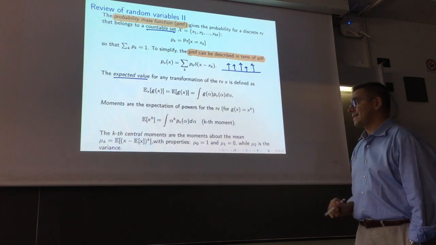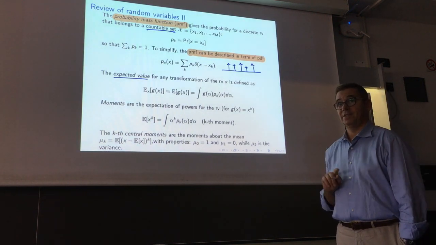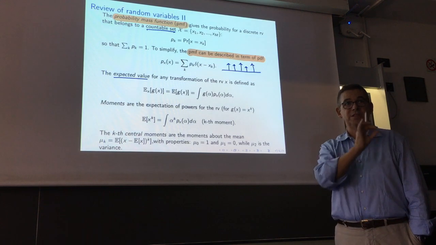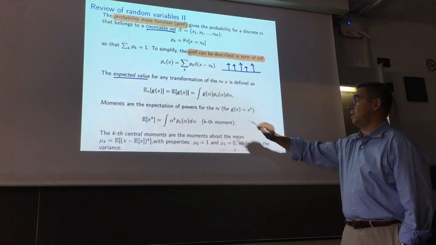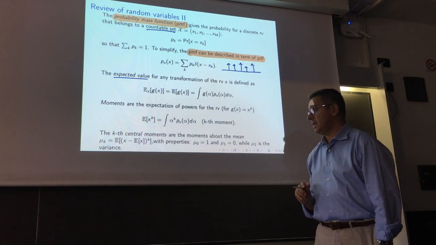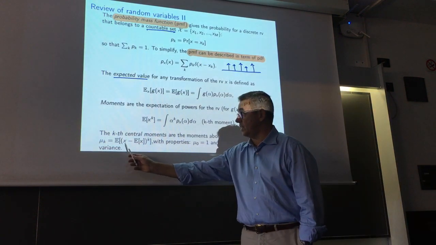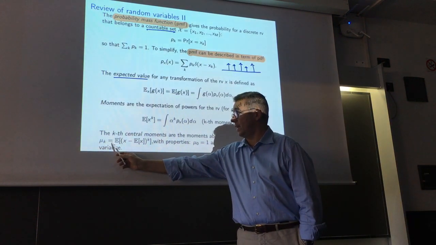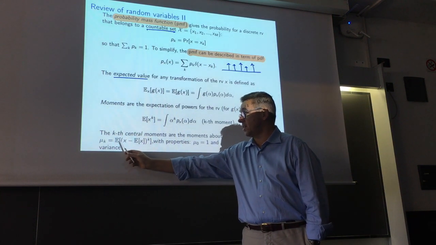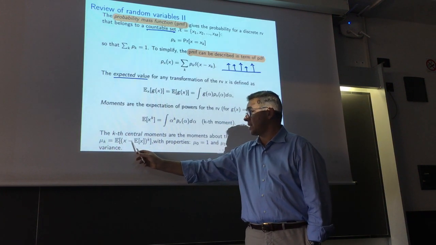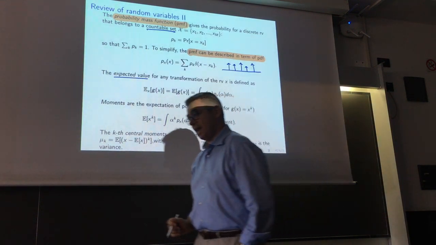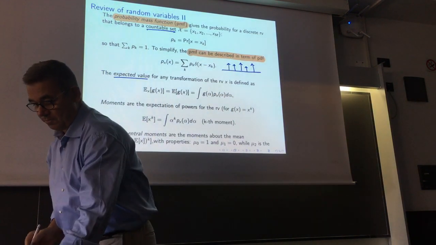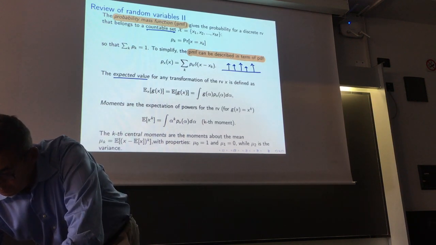Now, the central moment, which is even more specific, is the moment about the mean. What does it mean? By definition, the central moment mu_k is the expectation with respect to x of (x minus the expectation of x) to the power k, because the expectation of x is called the mean.